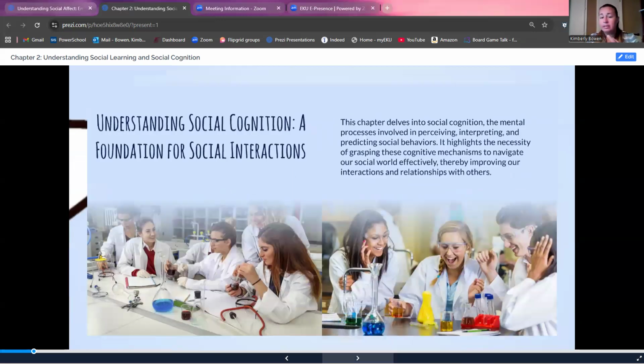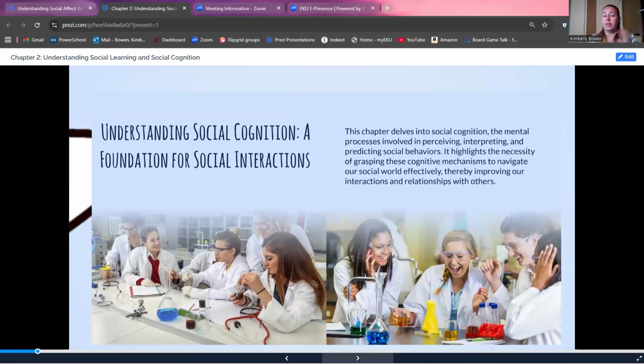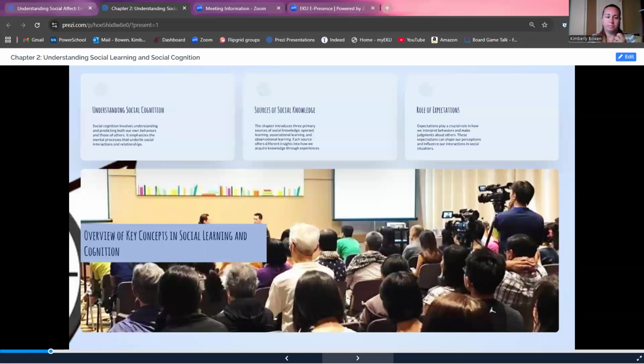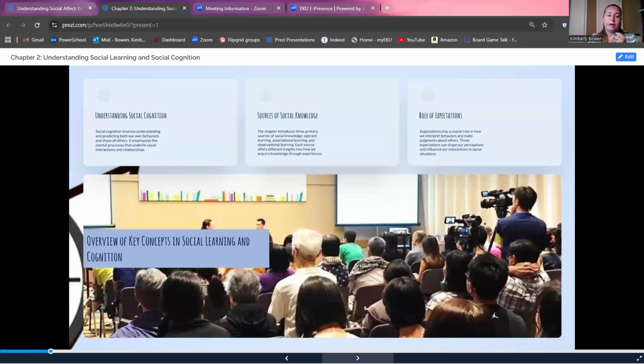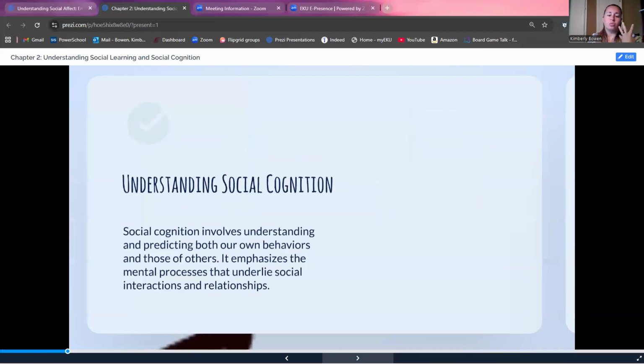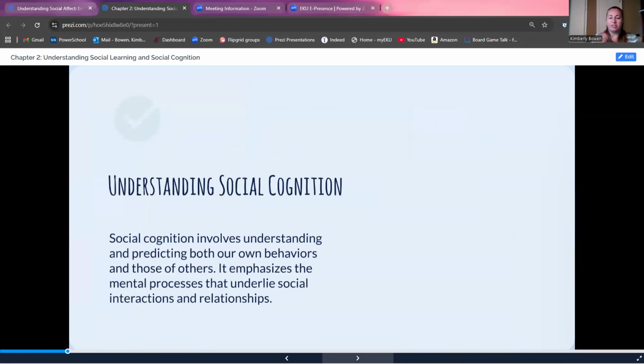All right. So again, this chapter specifically is talking about how we perceive, interpret, and predict social behaviors. And we'll get more into the different ways we do that as we go through this. So social cognition involves this understanding or this prediction that we do.